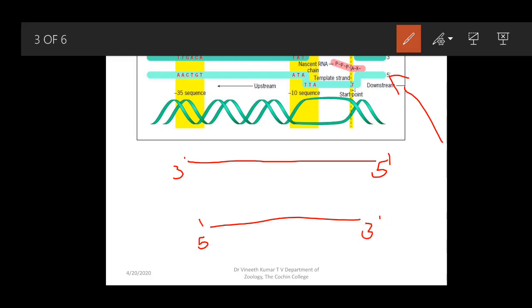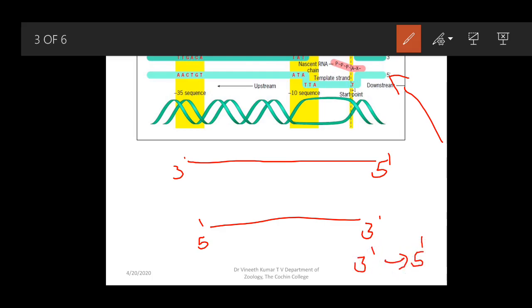Even though there are two strands, during transcription only one strand will be involved in the process. That means any one strand, and the process of transcription occurs in the template in the direction which is 3 prime to 5 prime.